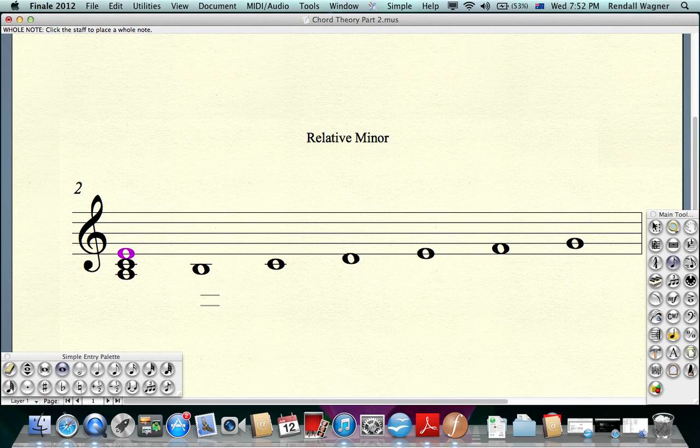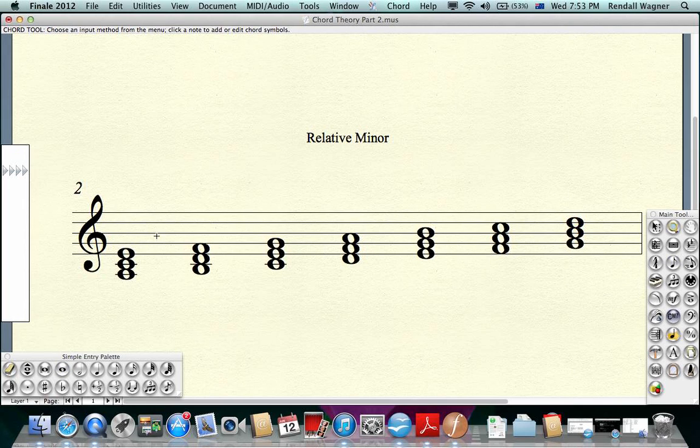So I'm just going to continue doing that now to build our triads on A natural minor. Now I'm going to put in the actual chords themselves.